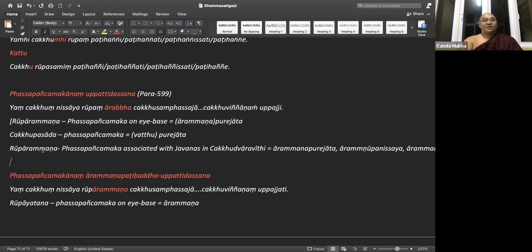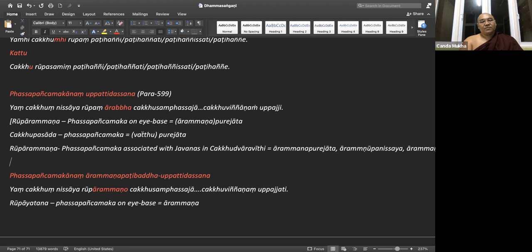That refers to Aramana Vatu Purijata. Phassa Panjamaka, not only Phassa Panjamaka but other dhammas associated with the eye consciousness, as well as the eye consciousness also.